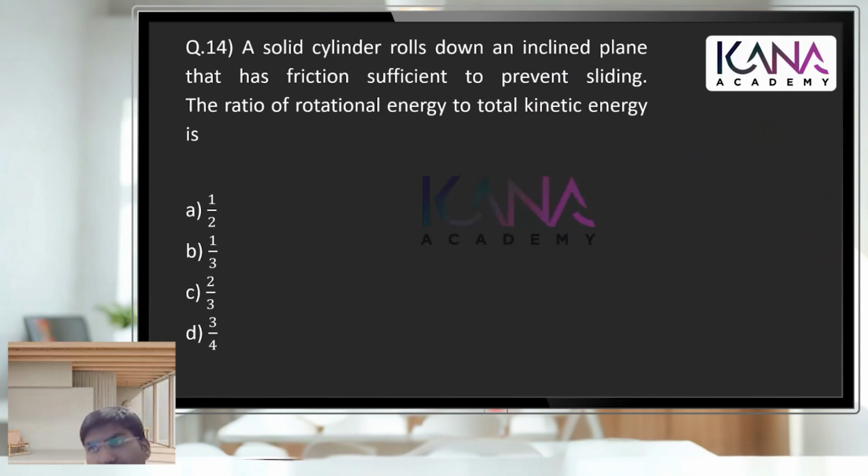Yeah. So there is a solid cylinder. It rolls down an incline without slipping. Find the rotational kinetic energy with respect to the total kinetic energy. So we know that K total is nothing but half mv square plus half I omega square, where omega is nothing but V by R. It's a cylinder, right?